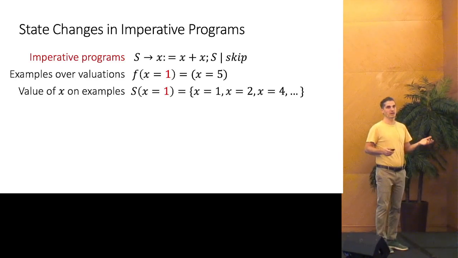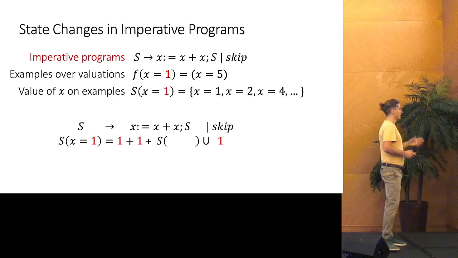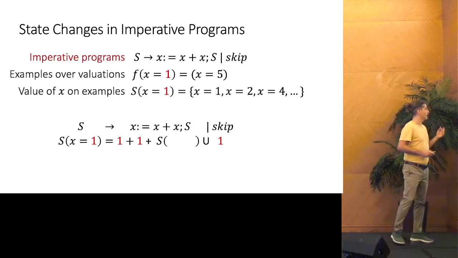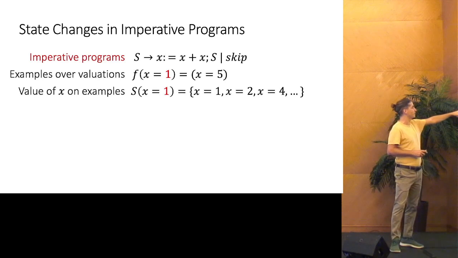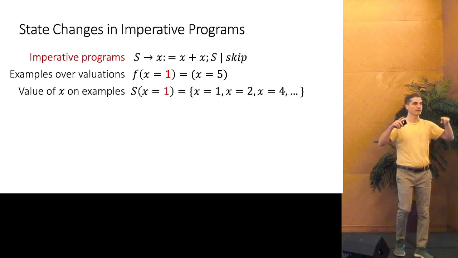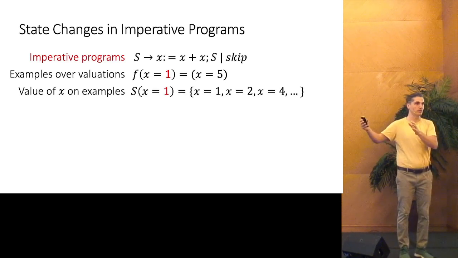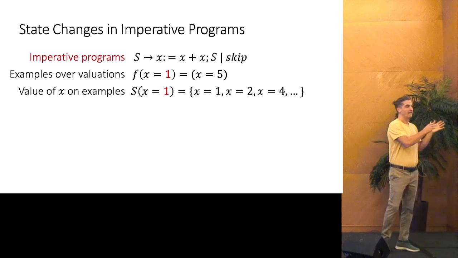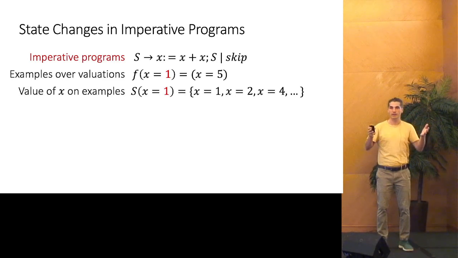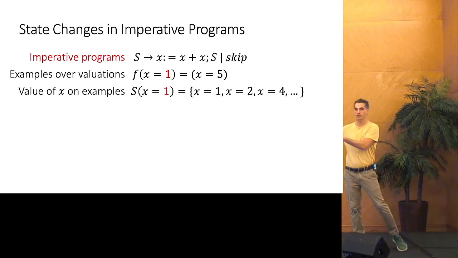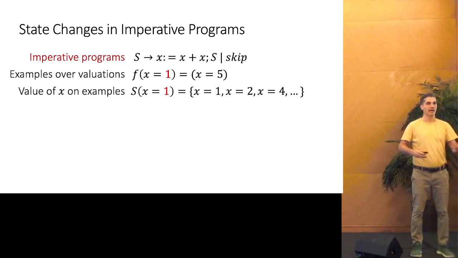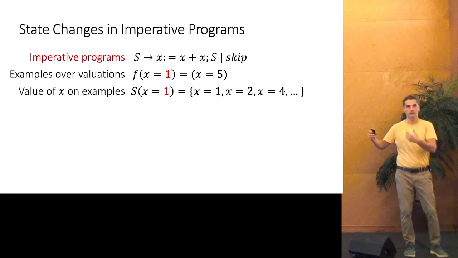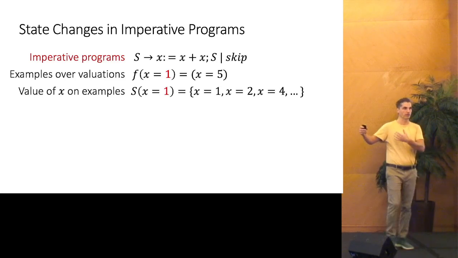Well, let's try to do what we just did. I can try to do grammar flow analysis, but now I need to change something. Notice that before, E of my inputs was the set of outputs, but now I have S of my input valuation is my set of output valuations. So S says that if I start with x equals 1, I can end with x equals 1, or x equals 2, or x equals 4, okay?